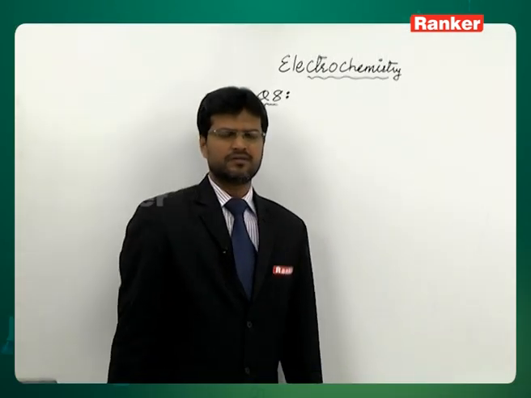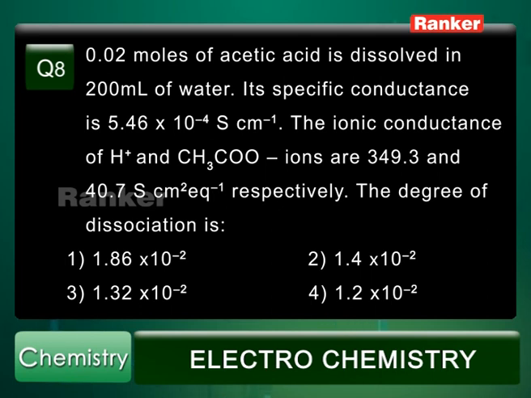Question number 8. 0.02 moles of acetic acid is dissolved in 200 ml of water. Its specific conductance is 5.46 into 10 raised to minus 4 S per centimeter. The ionic conductances of H plus and acetate ions are 349.3 and 40.7 S centimeter square per equivalent respectively.